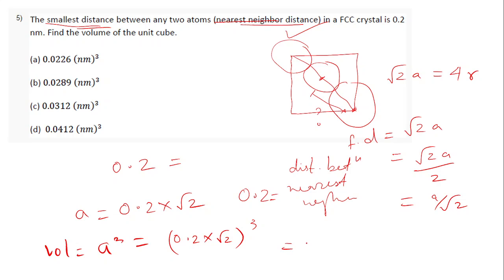Let's do this using a calculator. 0.2 times root 2 is 0.282, and then when I take the cube, I get 0.0226, or 0.022624.